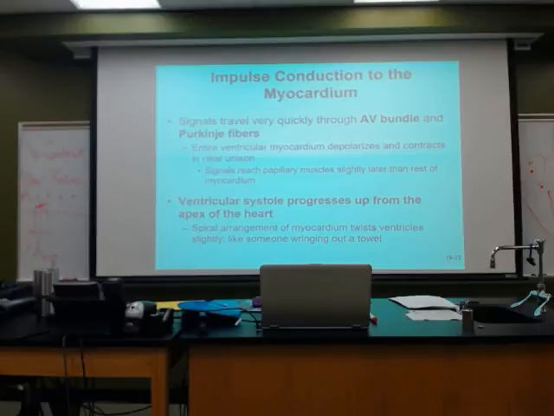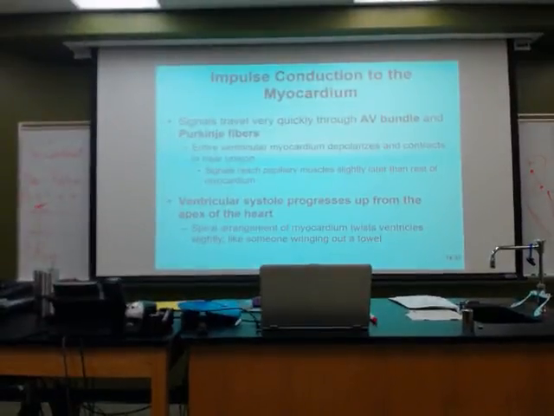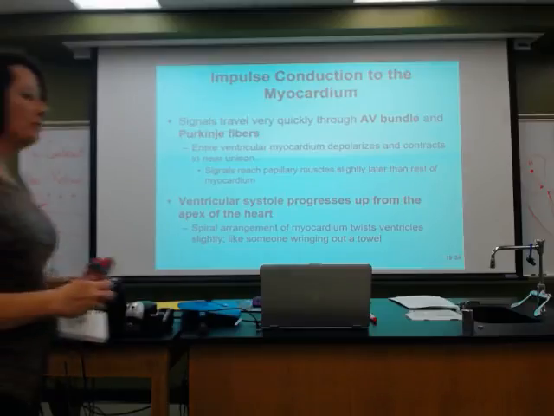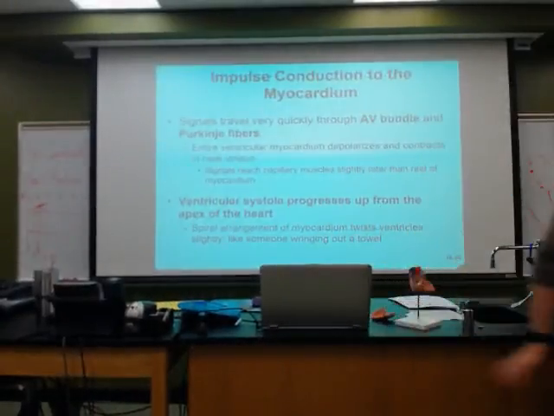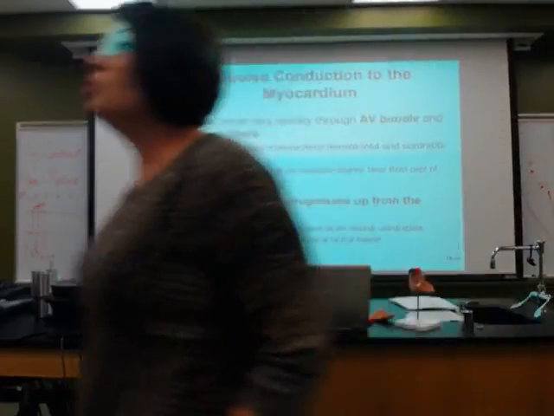So now, I've had a delay from the SA node to the AV node to the bundle of His along the Purkinje fibers. Now I've had a delay at the papillary muscles. Why? If the papillary muscles are connected to the chordae tendineae, are attached to what, table 3?